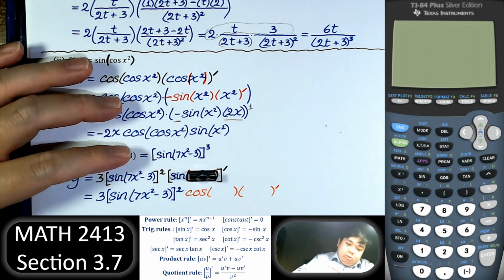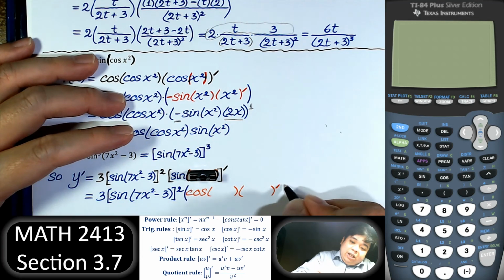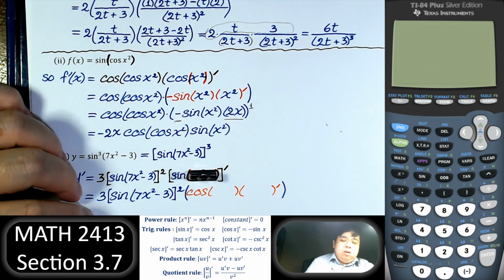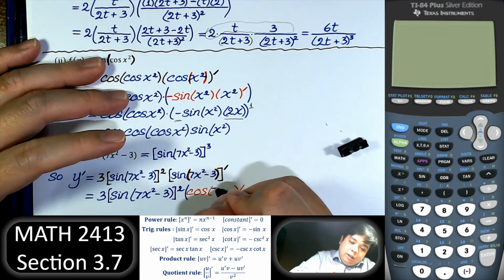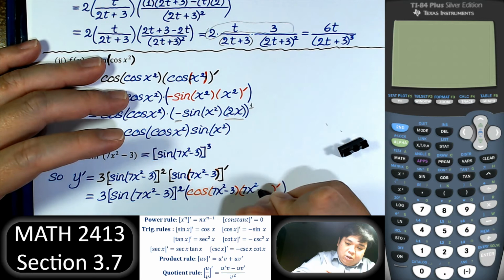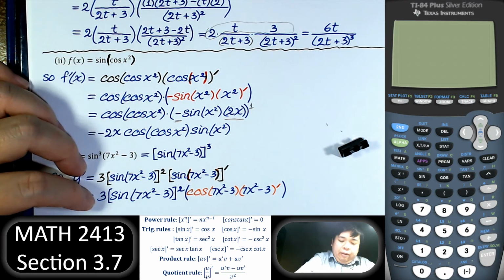So that we don't get confused, it is the product multiplied to it. 7x squared minus 3, 7x squared minus 3.